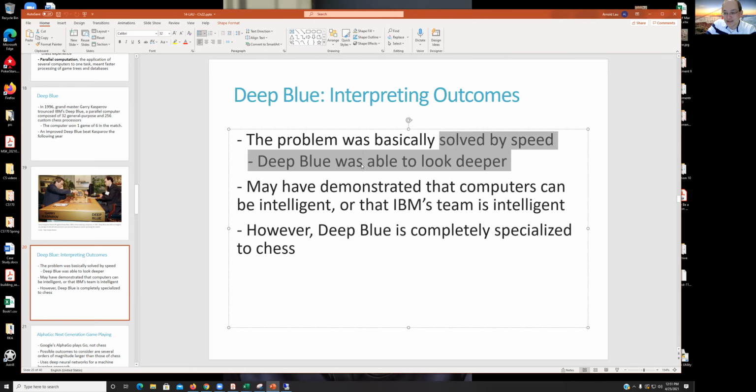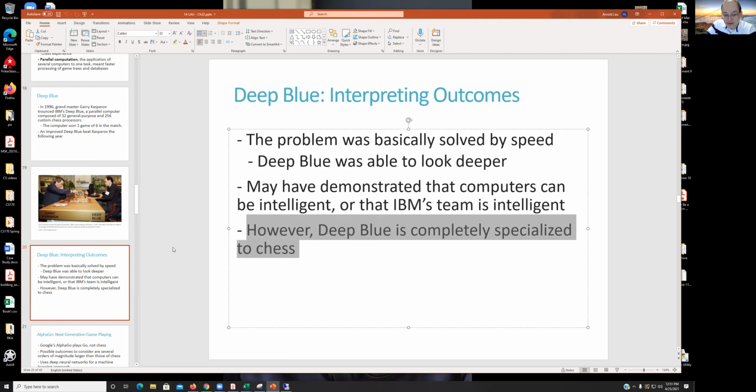Deep Blue was able to look deeper, I think that's a key point here. And it's completely specialized to chess. Not that it wasn't a good achievement; you were able to demonstrate certain capabilities of the computer, but it's not quite there in terms of what you're trying to get to with computer intelligence.